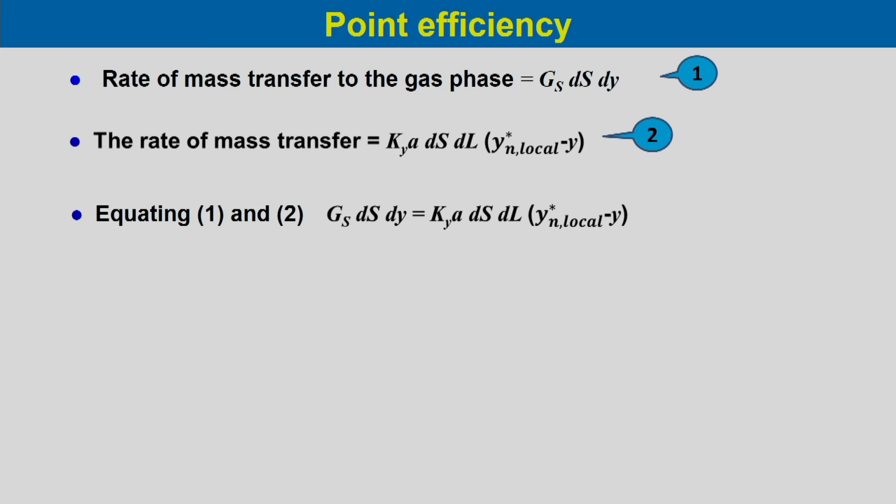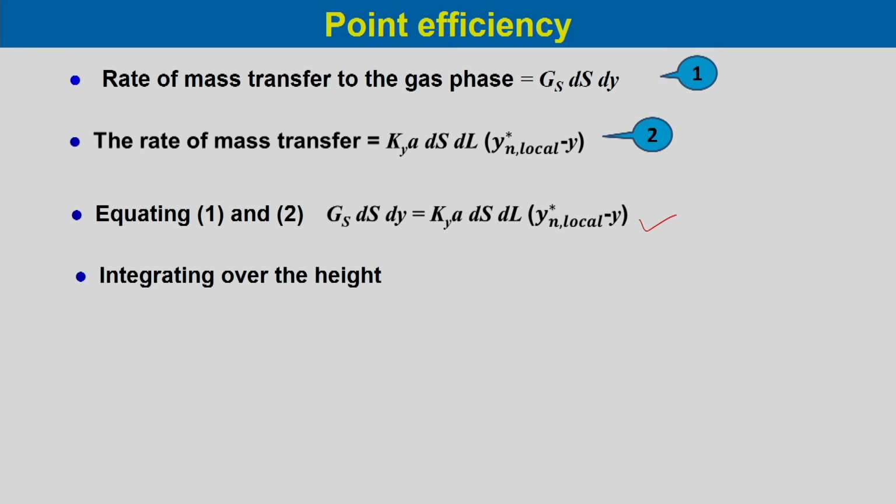If we equate equations 1 and 2, we get Gs into dy equal to Ky a ds dl into the concentration gradient yn star local minus y.